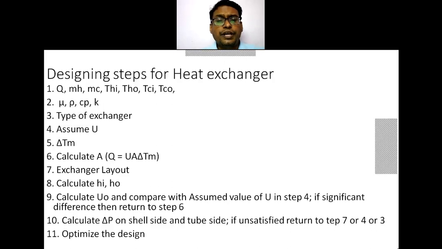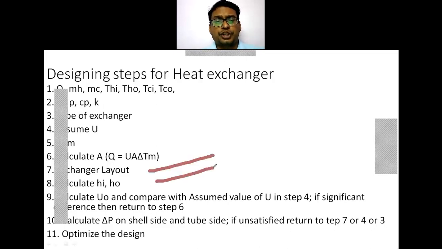However, which fluid is inside the tubes and which fluid is outside the tubes is already mentioned in the numerical. Ethylene glycol is passing through the tubes. So exchanger layout will not be there, and calculation of the HI and HO will be there.